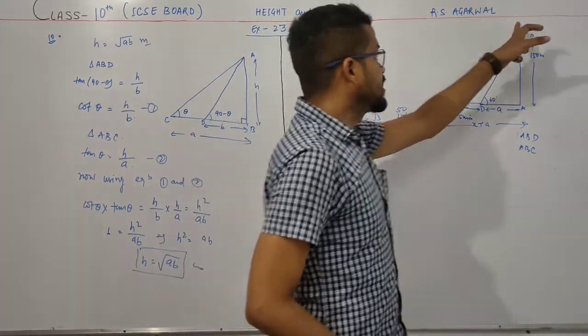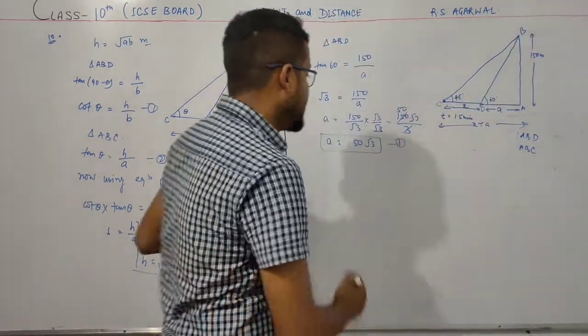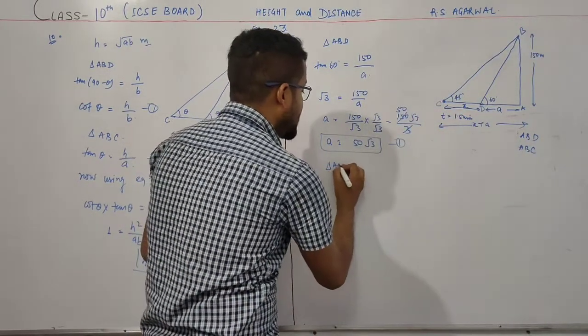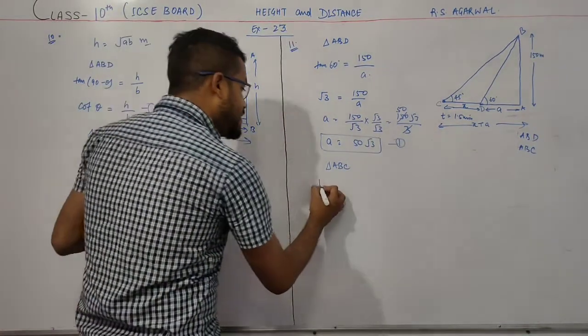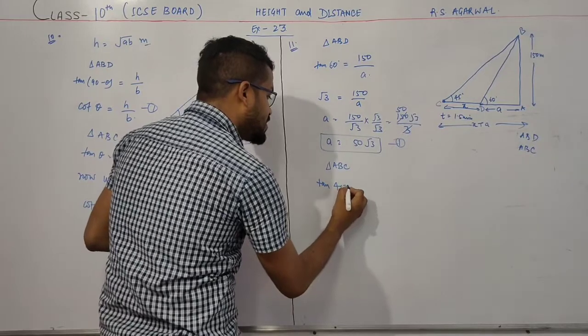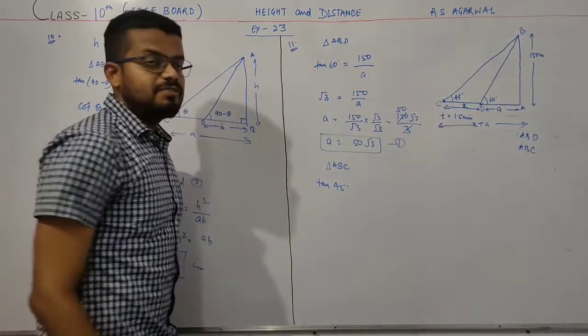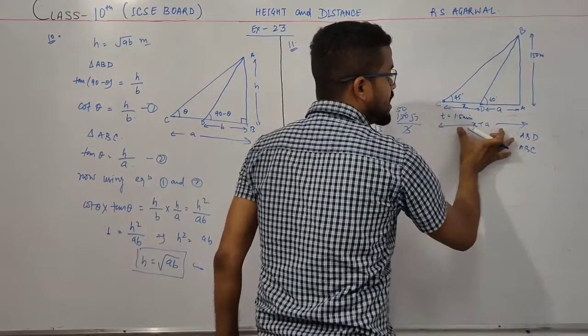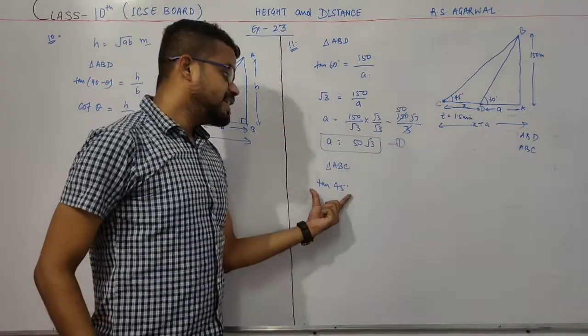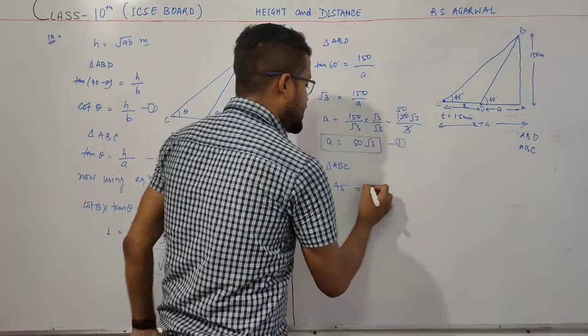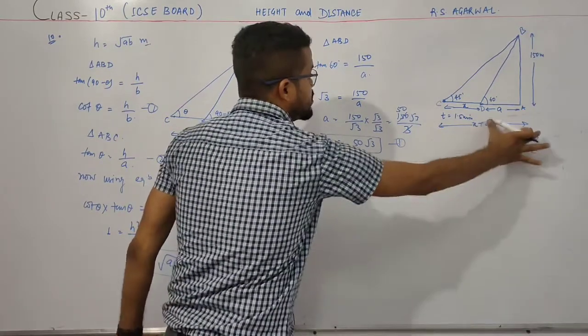Now again I take the right angle triangle, which is triangle ABC. Using this triangle, we write tan 45 degree because the angle is given as 45, and we know the height and we have to calculate the base. So we use this identity: tan 45 degree is height upon total distance.